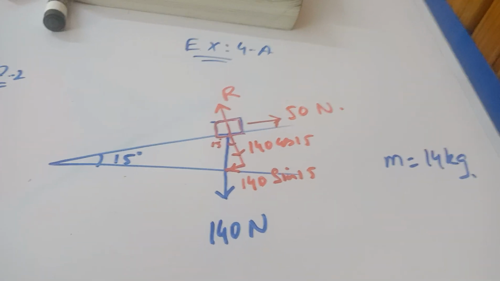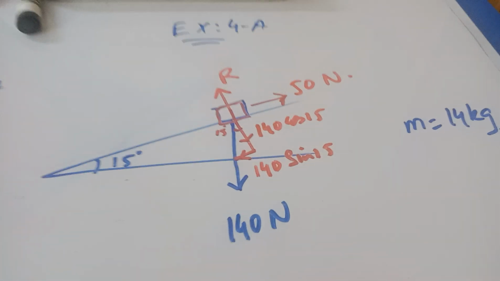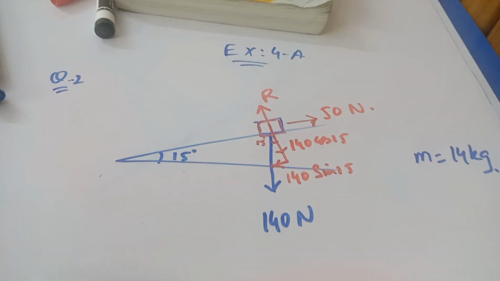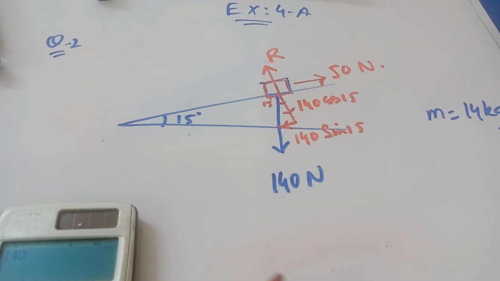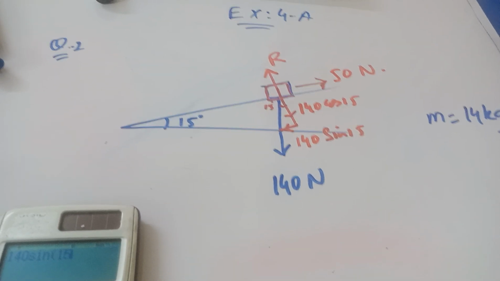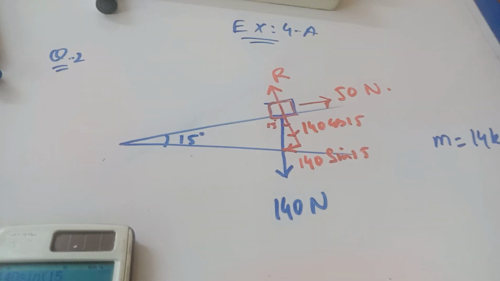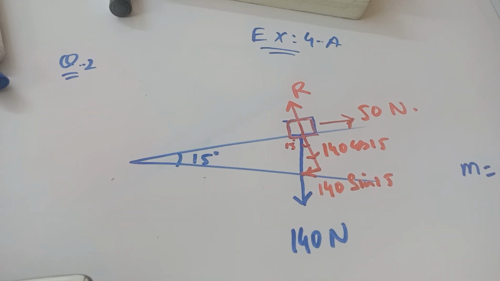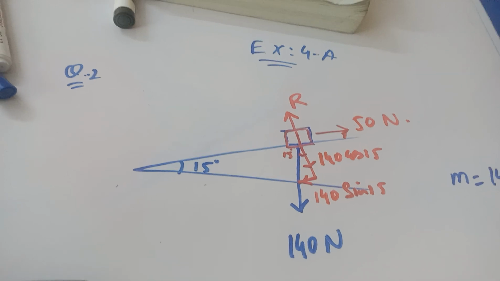Now we must be knowing the value of this 140 sine 15 right now. Let me calculate that. 140 sine 15, yeah, this is 36.2.